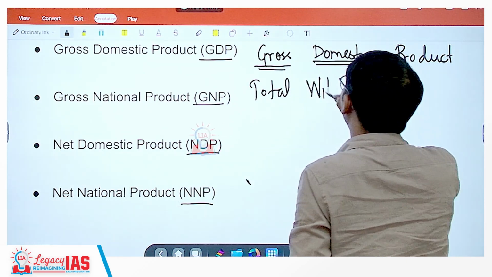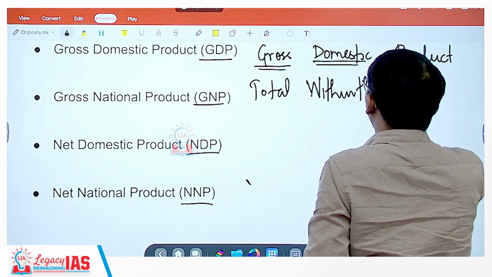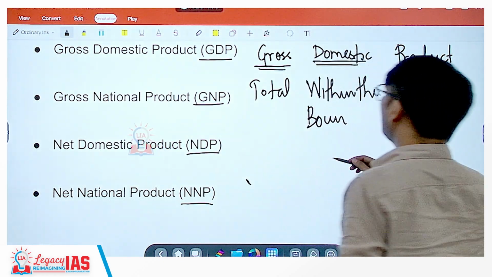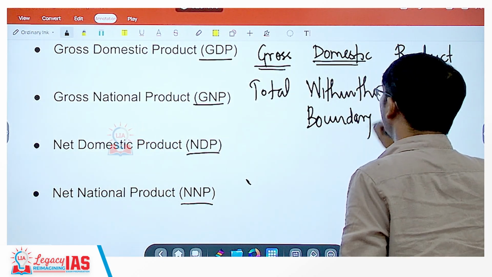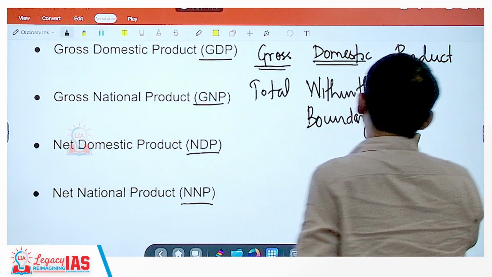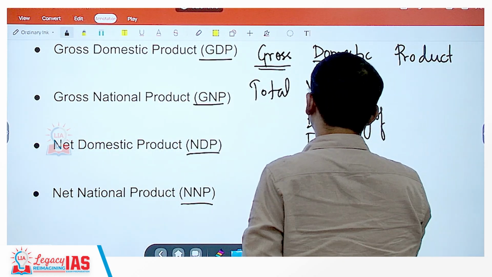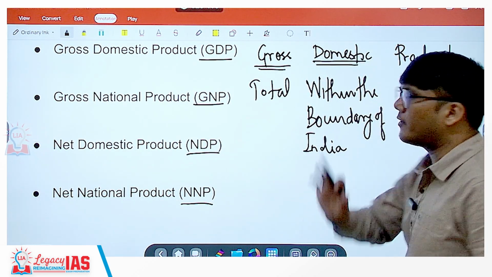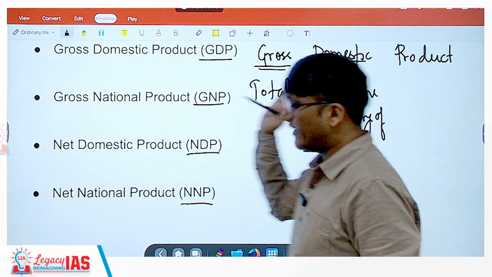Within the boundary. And since we are discussing GDP of India, it will be within the boundary of India. Clear? Domestic is within the boundary of India in this case because it's Indian economy.